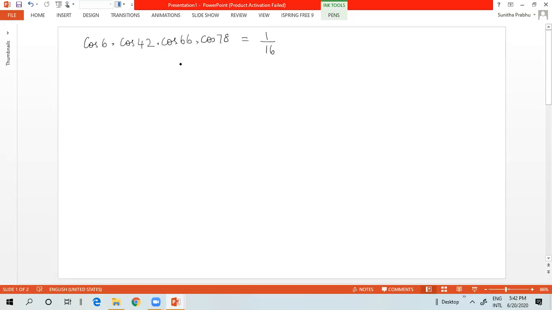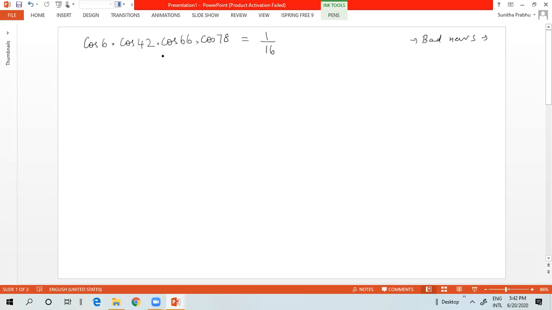Okay, so if you look at this, cos 6, 42, 66, 78, are any of these standard values? No, sir, not standard values. Okay, bad news. Neha got an easy one, right?